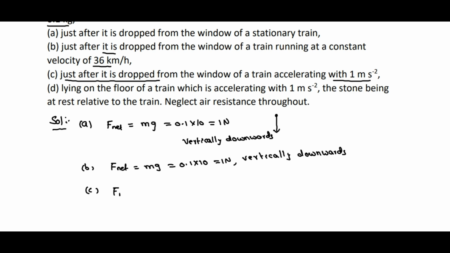If it were within the train, F net would be equal to MA, that is 0.1 into 1, which is 0.1 Newton along horizontal.